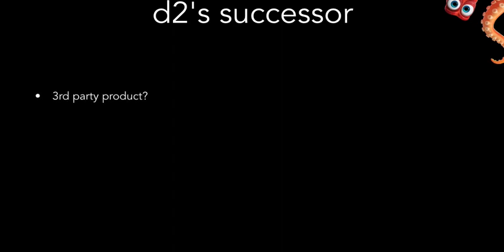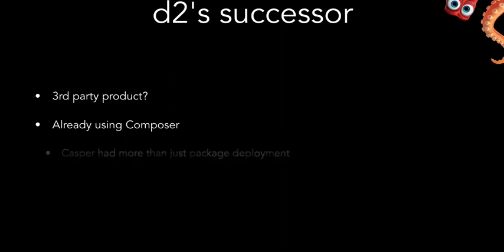We were already using Composer from Jamf as a tool to help us build D2 packages. We could use it to figure out what got installed where, and we could then make RPMs out of that. But since we were already using Composer, we looked at the rest of Casper. As we all knew, even then, its package management wasn't great, but it did a lot of other stuff.